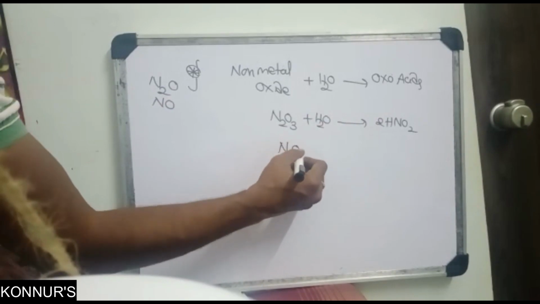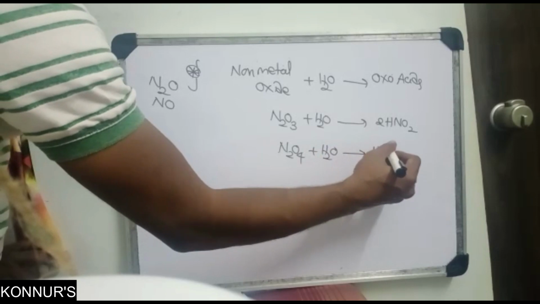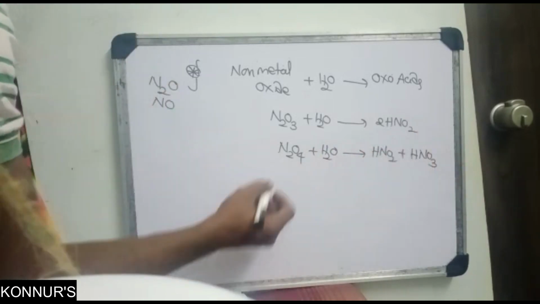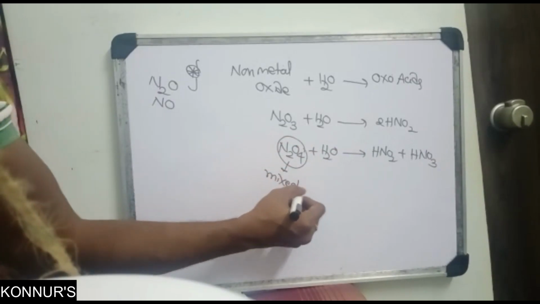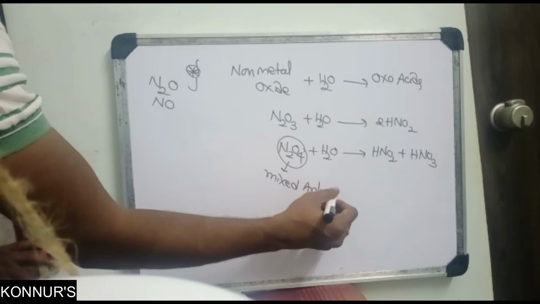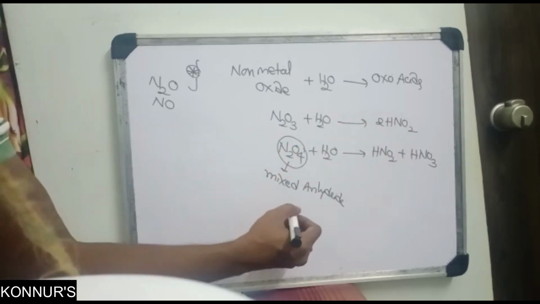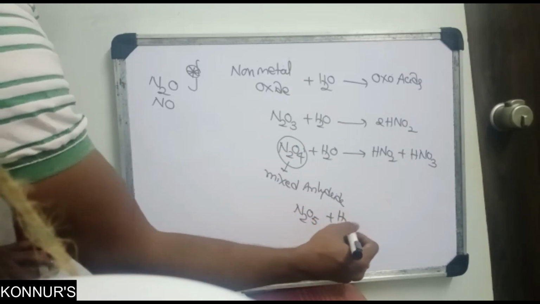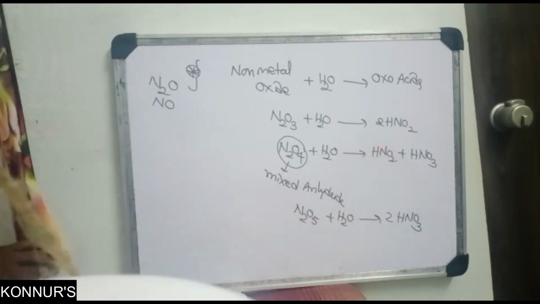Next, N2O4 reacts with water, and you are getting HNO2 plus HNO3. So this N2O4 you call a mixed anhydride of nitrous and nitric acid. N2O5 treated with water gives 2 moles of HNO3.